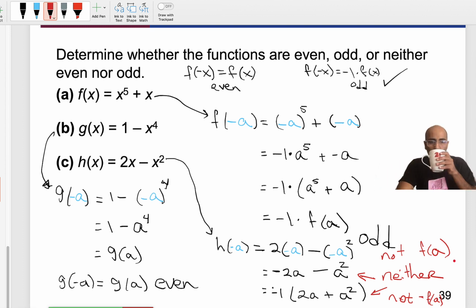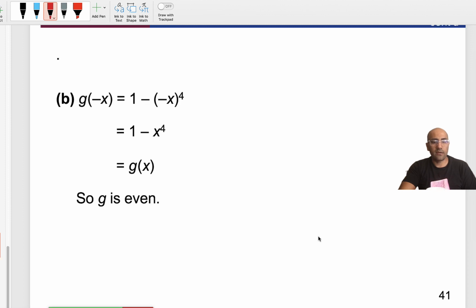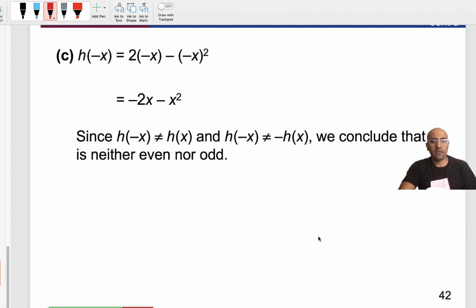Any questions? So the author did the same thing. We replaced it with negative x instead of negative a, and then factored out a minus, and so we get negative f of x, so it's odd. And we got an even, and then we got a neither.